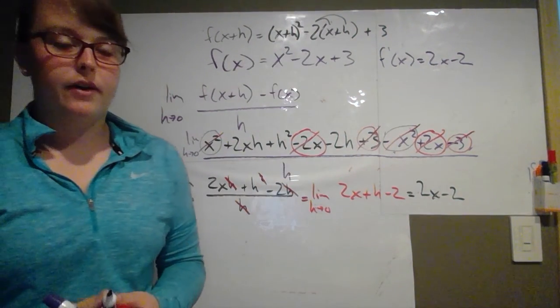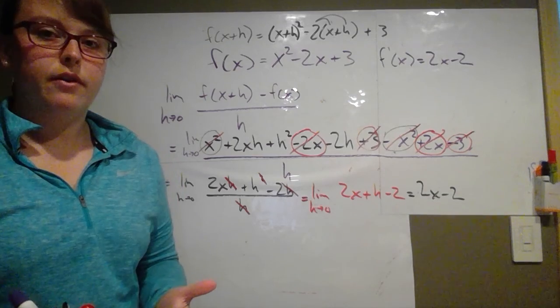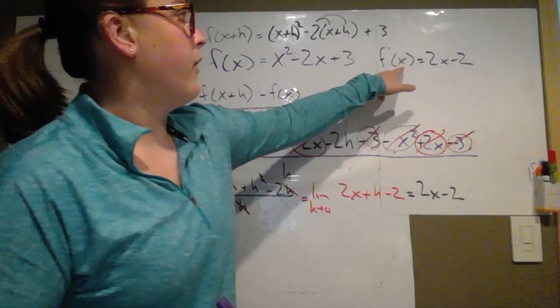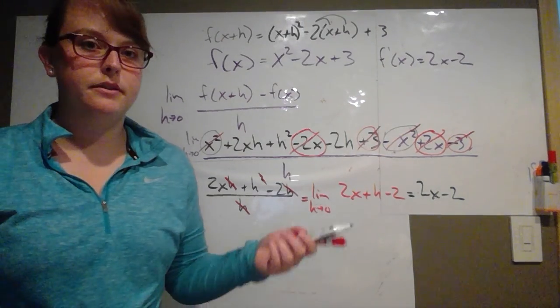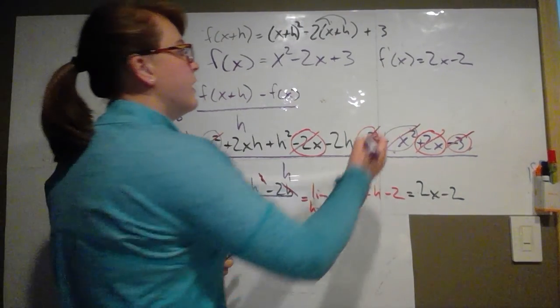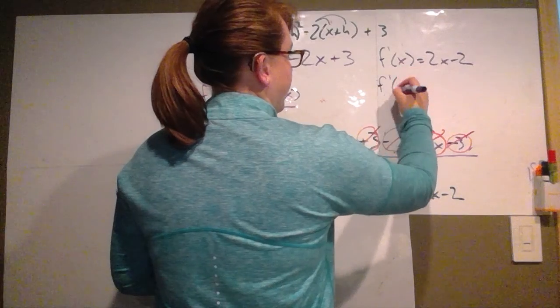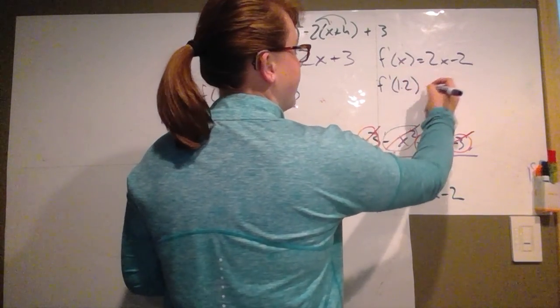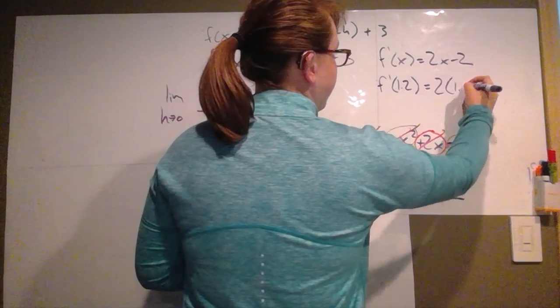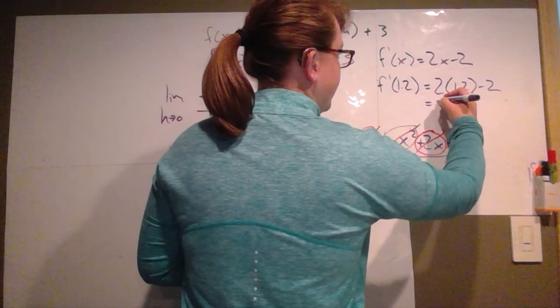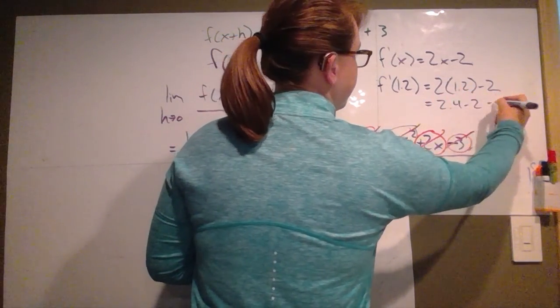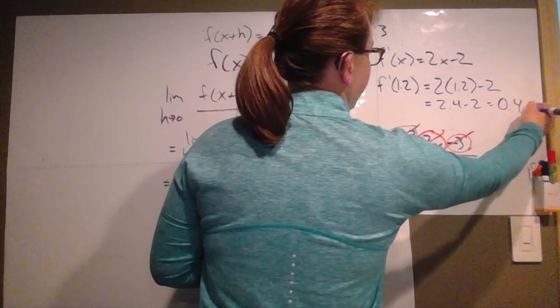And then if I wanted to find the value of the derivative at any particular x value, like let's say I wanted to find the derivative when x is 1.2, then I would just plug into f prime 1.2. So 2 times 1.2 minus 2, which would be 2.4 minus 2, which would be 0.4.